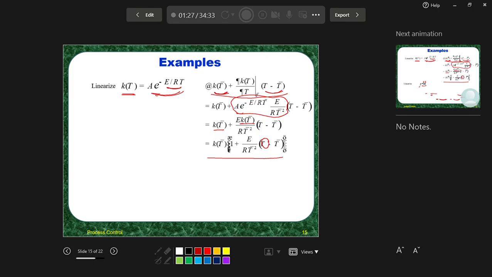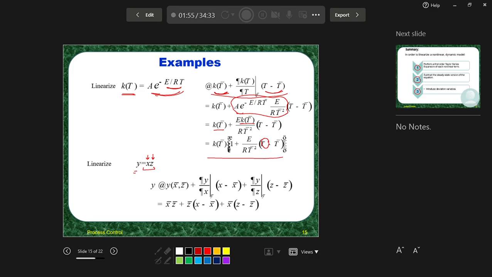In the second example, this is a simple one. It looks very simple, just x times z, and multiplication is nonlinear. So in that case, we need to linearize. The same thing, since we have two variables here, we have to use the multivariable form of the Taylor series, in which y can be approximated by the combined effect of linearization of the two variables.